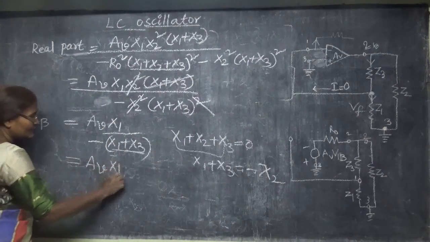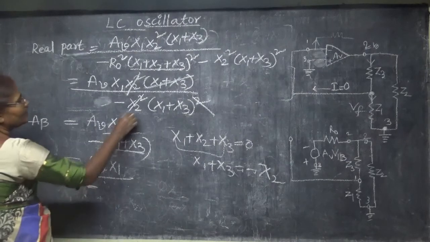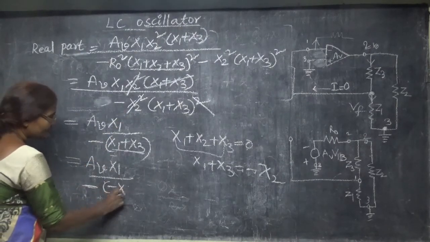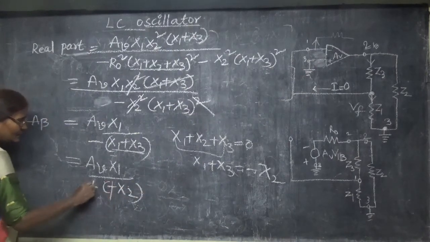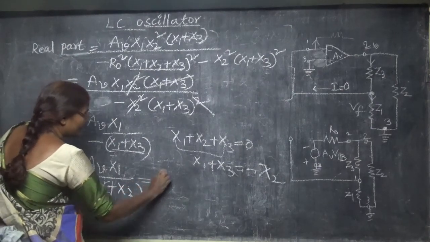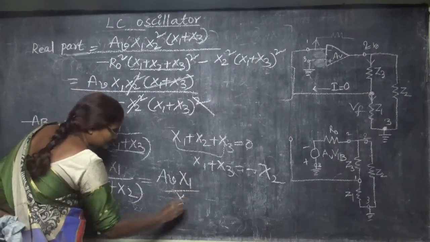AB x1 by minus x2. So that is going to be minus into minus, plus. So this is AB into x1 by x2.